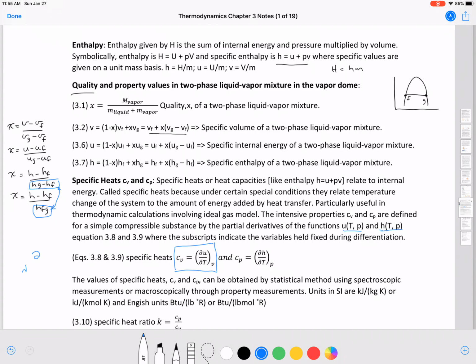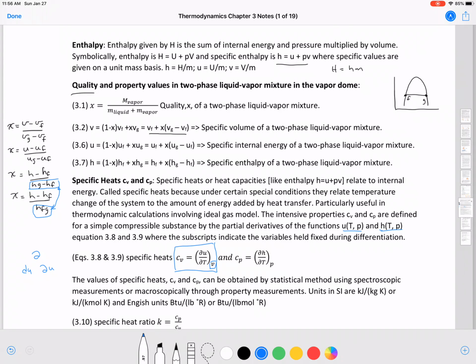So instead of a derivative, we use a partial derivative, which means we fix whatever's here. So we're fixing the specific volume, and we're taking the derivative of u with respect to temperature.